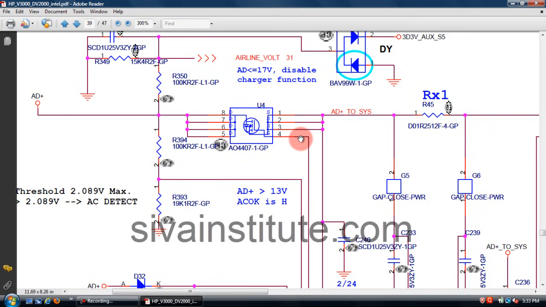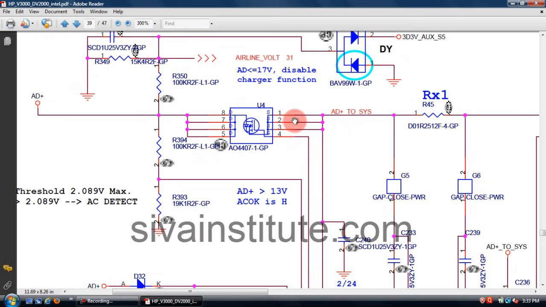You should check the gate. When the gate voltage goes high, this voltage will not be present. When the gate voltage is low, this is a P channel FET. When this voltage goes low or 0, that means 0 to 5 volts, it will conduct. This voltage comes out from this pin to this pin.